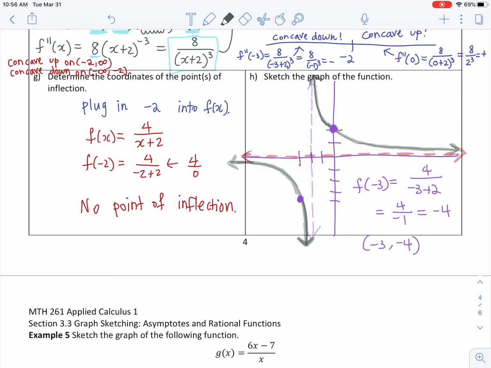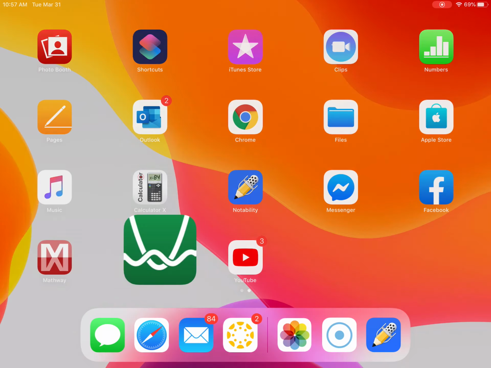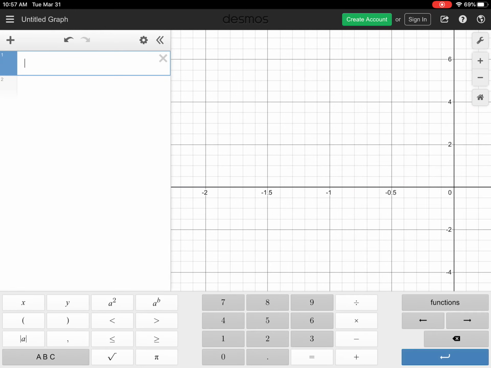See, it's possible to graph a rational function without a graphing calculator, but just out of curiosity, how close were we? Let's go ahead and use Desmos to see this, okay? I'm going to go to Desmos, my graphing app, and then I will graph that. Our function was 4 divided by x plus 2, right?